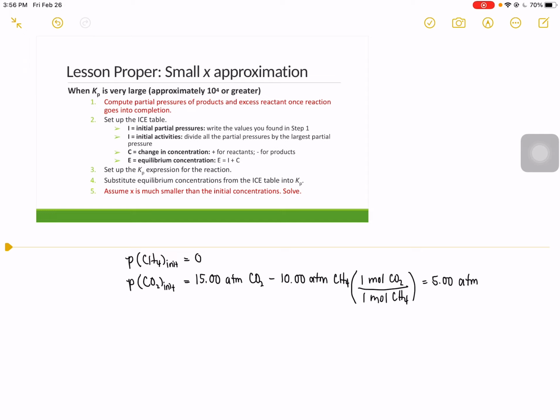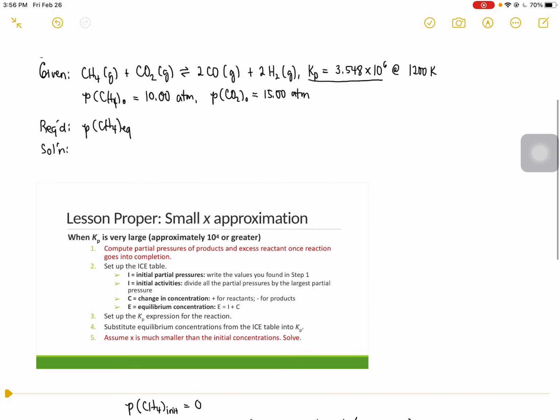Now for our products, carbon monoxide and hydrogen, looking again at our balanced chemical equation, we are now able to compute the following.